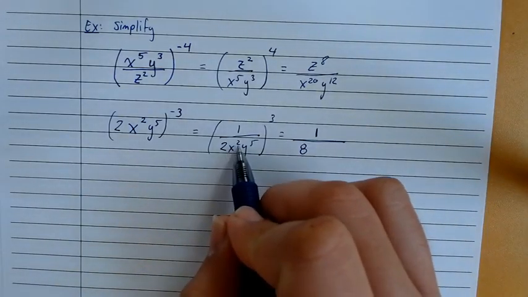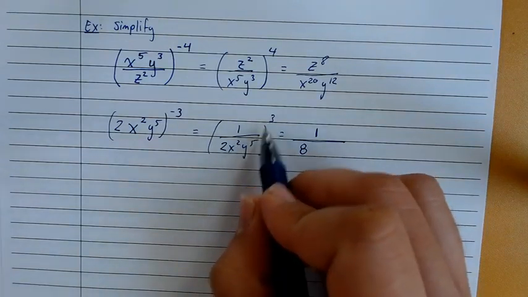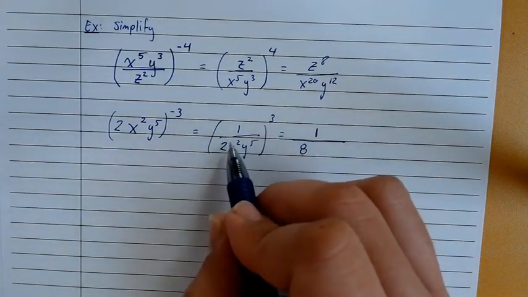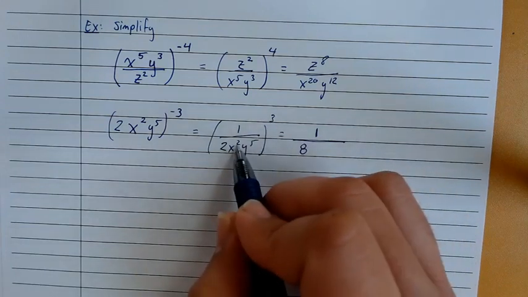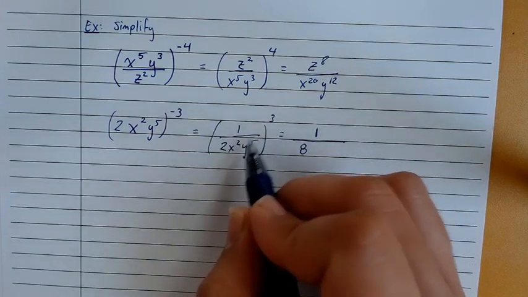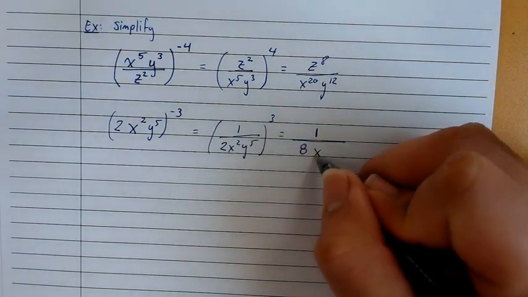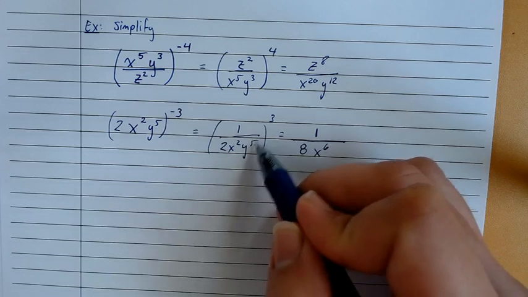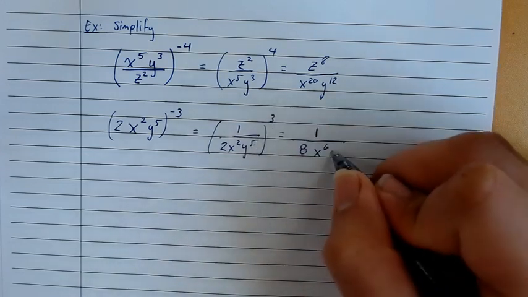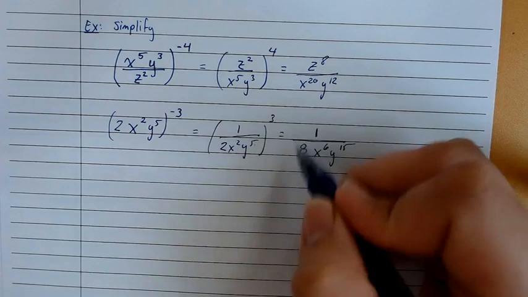And x squared to the third power. Okay, now whenever you have something that already has an exponent, and you raise that to another exponent, those exponents multiply together. So 2 times 3 will give us 6. Likewise here, y to the fifth to the third, that'll be y to the 15. And that's our result.